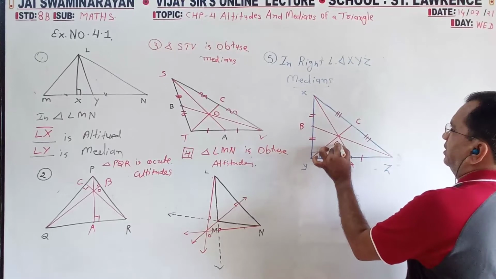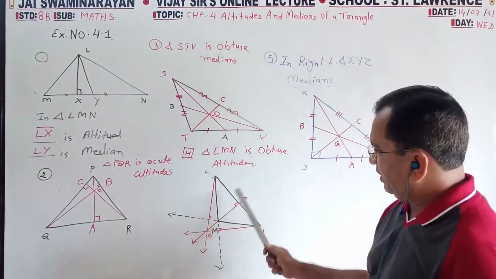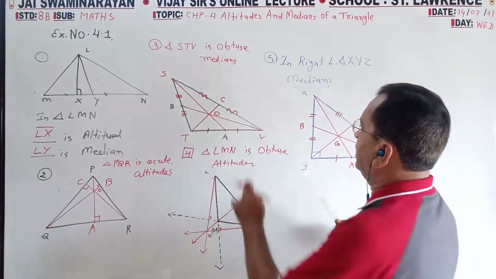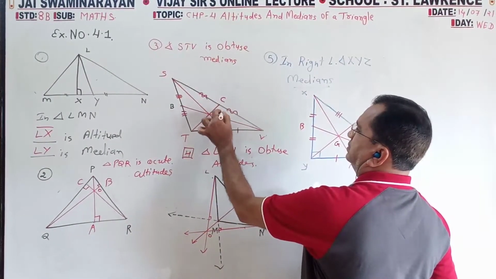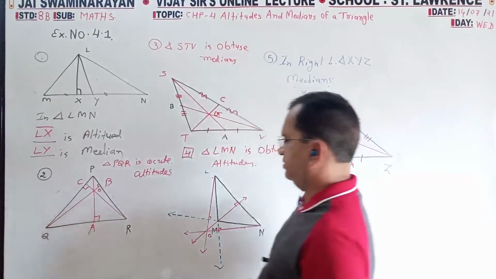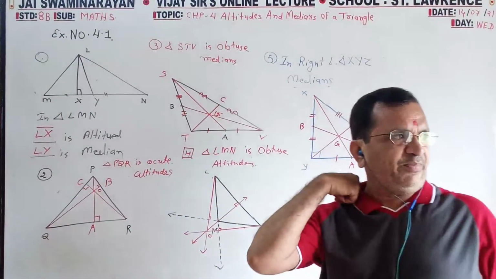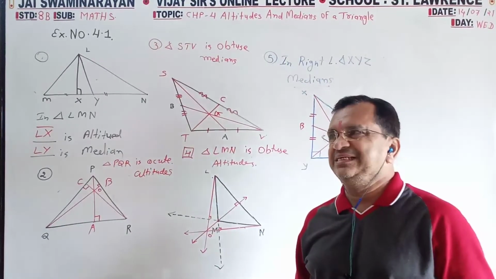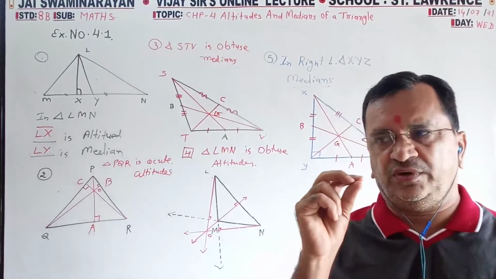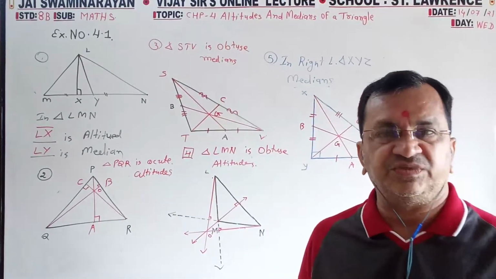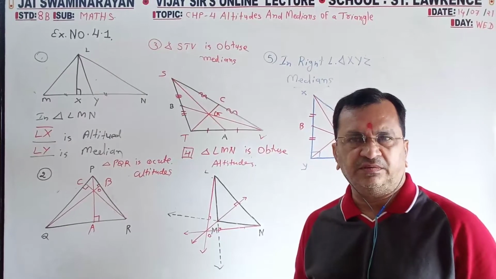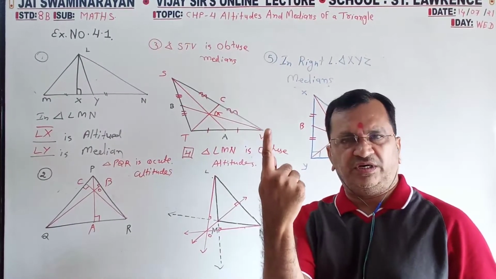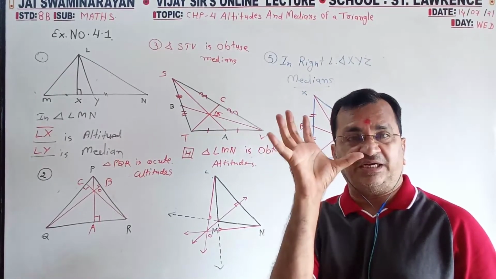Median always G, perpendicular altitude where it meets always O. Here I have written wrong, G, O. Correct. Concurrent point of altitude O, orthocenter. Concurrent common point of median G, that gravity point, center. On the knock of the metal point you can balance that thing.